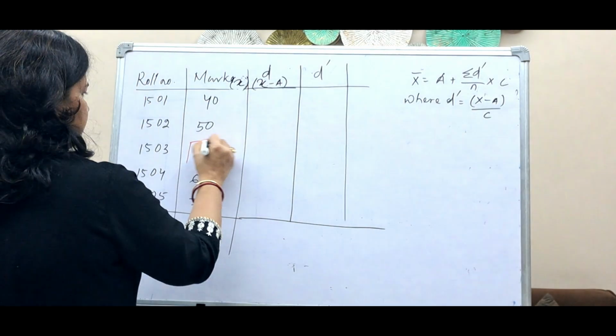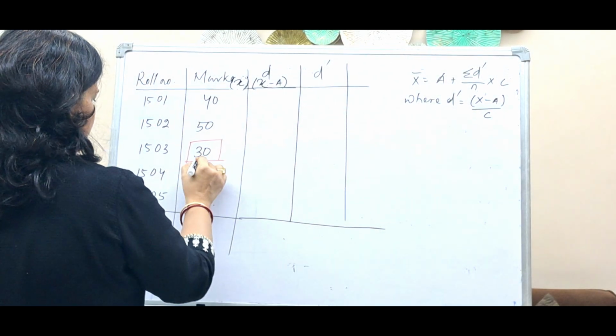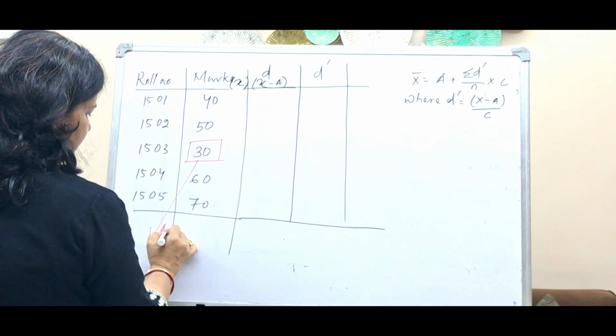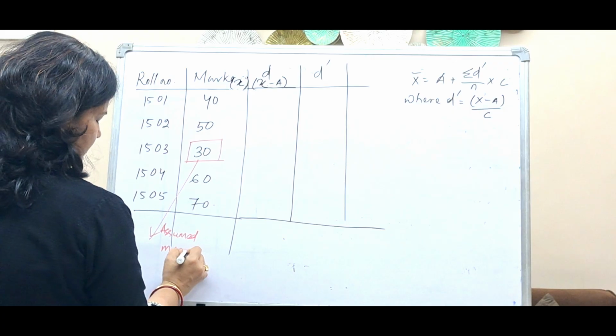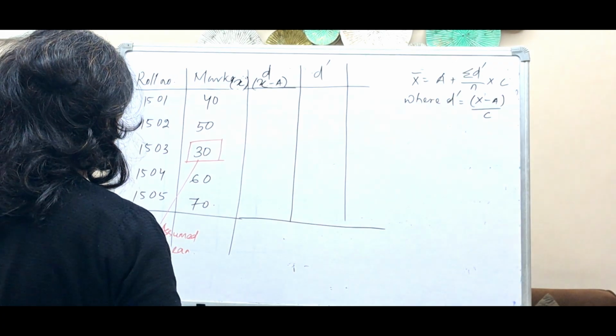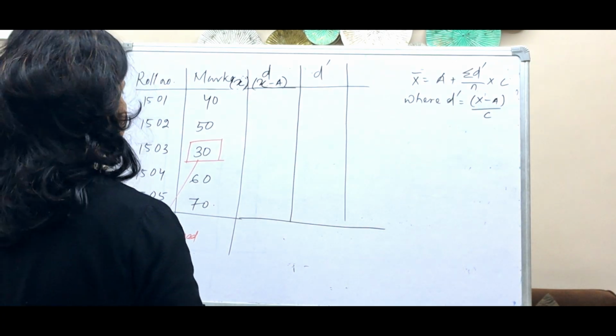Suppose we have assumed the mean. This is our assumed mean. Now we can write the deviation.